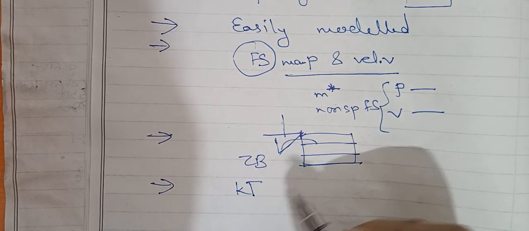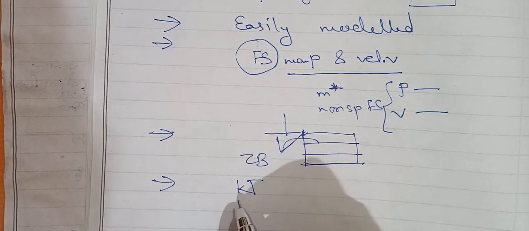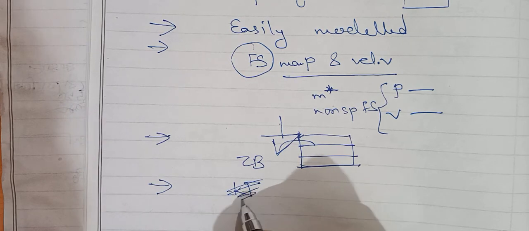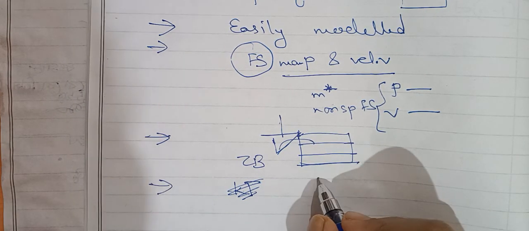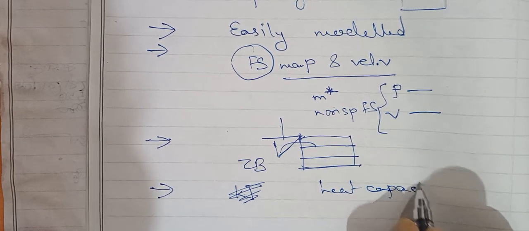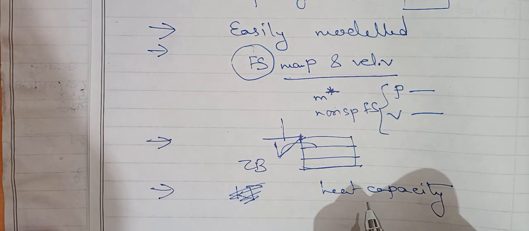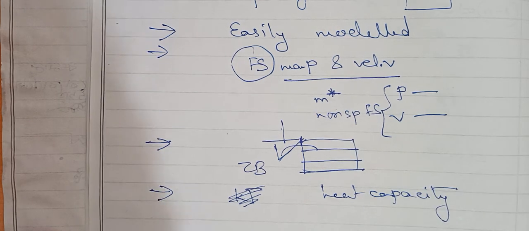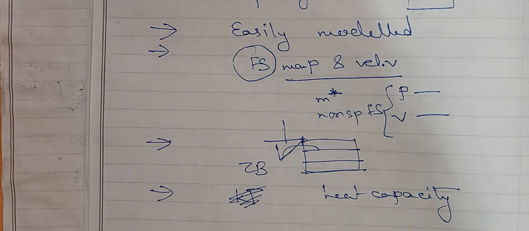So knowledge of band structure near Fermi level is sometimes required, and Fermi surface also tells us about various properties like heat capacity, then Pauli's paramagnetism, or properties arising from electrons' motion like conductivity. So there are many concepts which can easily be understood if we can guess the Fermi surface.